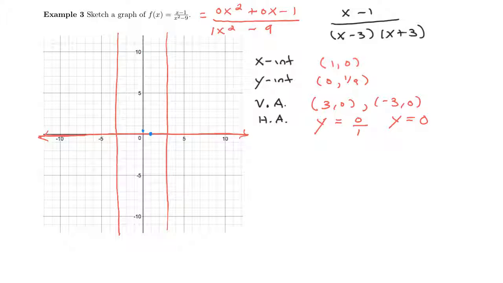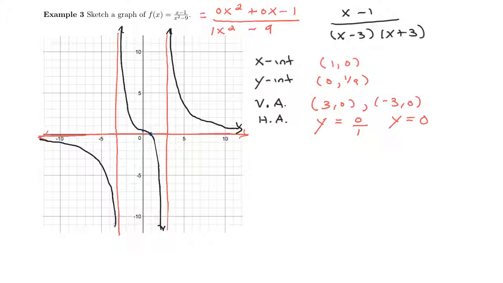If I sketch in the graph around it, I know the graph has to drop down like this, going through those two points and approaching both of the asymptotes. And as for the ends of the graph, I know that it has to be above over here because we're going to get some positive numbers back from the graph, and then we're going to get negative values over here, so I know it has to be below.